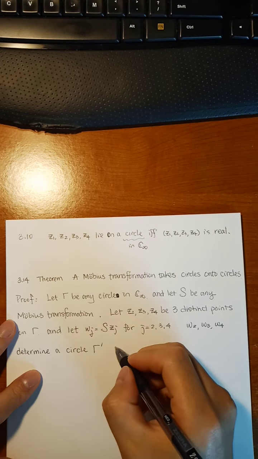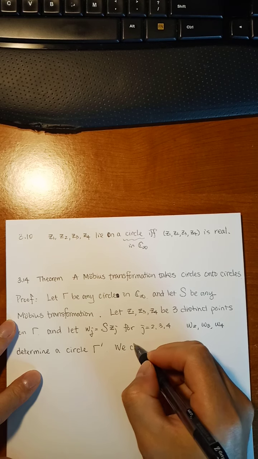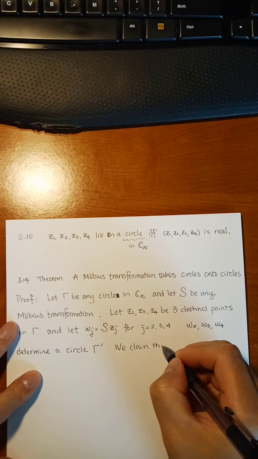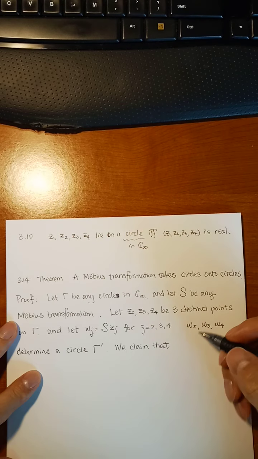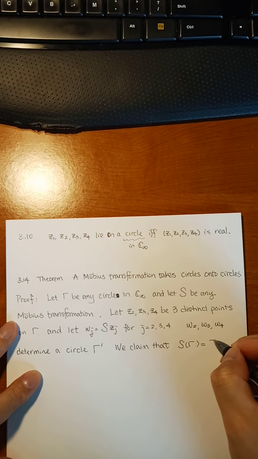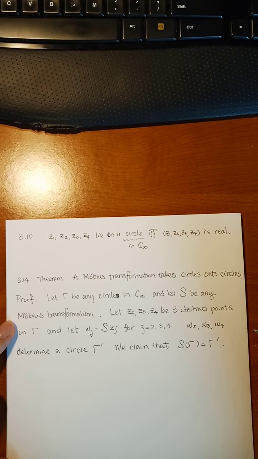Okay, and we claim that S of gamma is equal to this gamma prime. So how do we show it is equal to gamma prime?